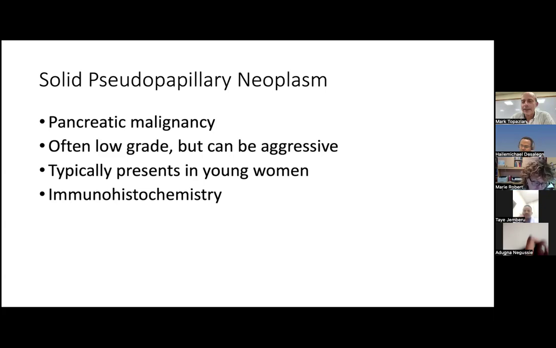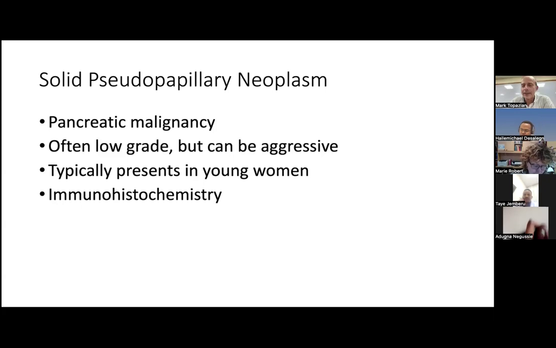You can have loss of E-cadherin, which is just a membranous marker in many epithelial cells, and a host of others. Notably, in addition to progesterone receptor, which I'm reading here is positive in about 63% of cases, neuroendocrine markers, especially synaptophysin, are positive, as well as keratins in these tumors.